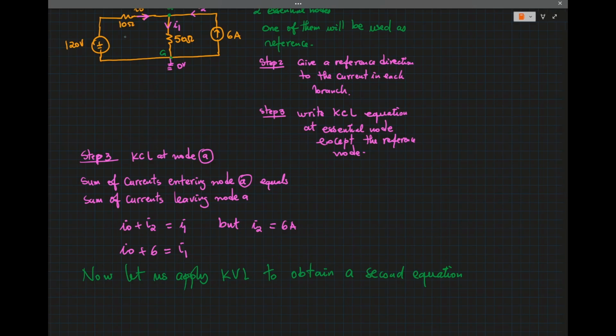So I'm going to use this loop. Call this loop 1. So KVL around loop 1.